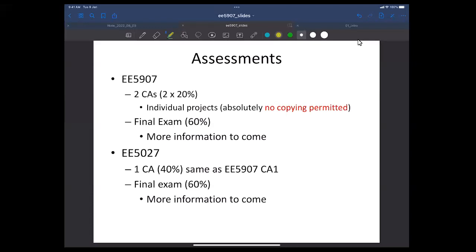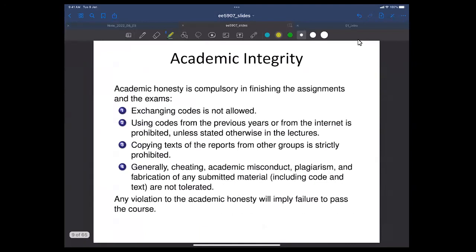No? So yeah, copying is not permitted. You have to obey the academic policy. It is not only for CA, but also for the exam. Likely because of the number of students here, the format of the exam will be multiple responses.